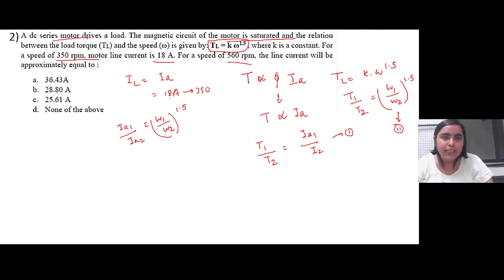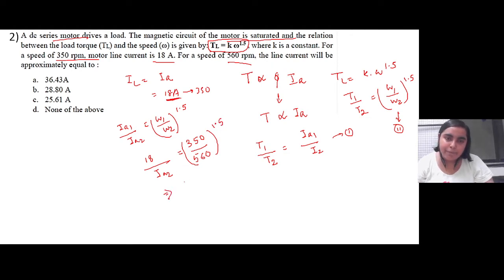Now for the first case, when it is running at 350 rpm, we have the current as 18 ampere, and for the second case we have to find the current. This is equal to 350, which corresponds to the 18 ampere line current drawn, and omega 2 is the new speed, 560, to the power 1.5.